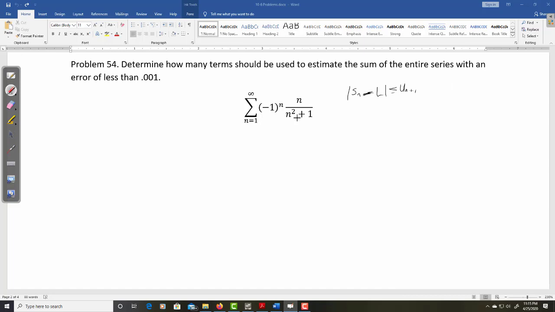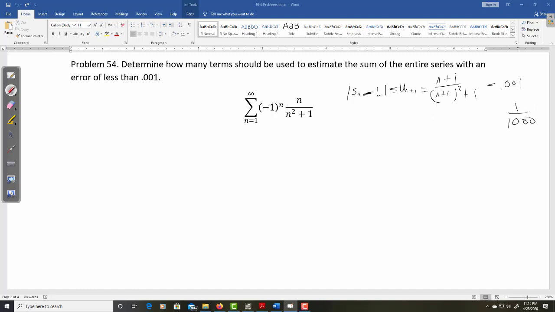U sub n plus 1 is just this formula with n plus 1 plugged in, so that would be n plus 1 over n plus 1 squared plus 1, and we want that to be bounded by 0.001, or 1 over 1,000.